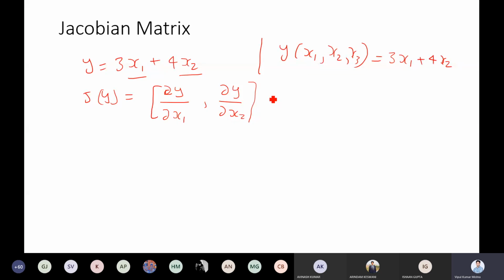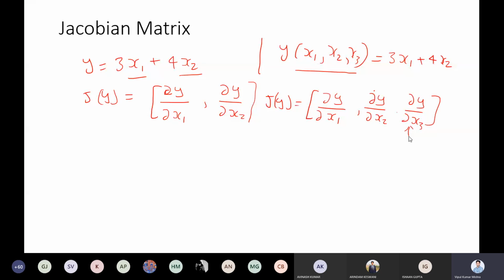Still, when you compute the Jacobian of y, it depends upon what this is a function of. So it will become the partial derivative with respect to x1, with respect to x2, and with respect to x3, and definitely this term will become 0 because you do not have anything there.